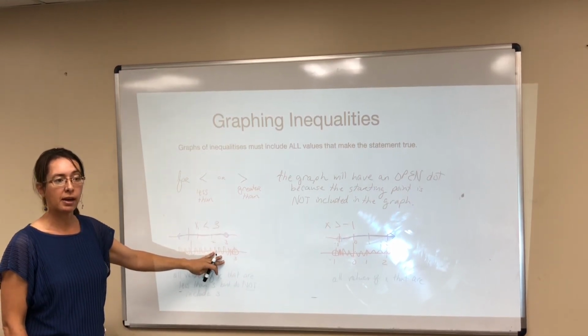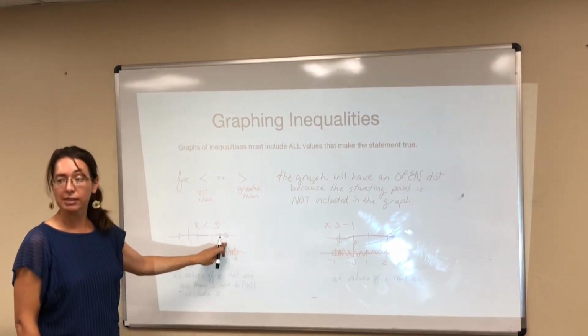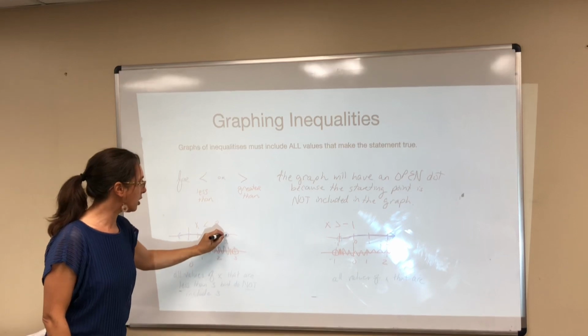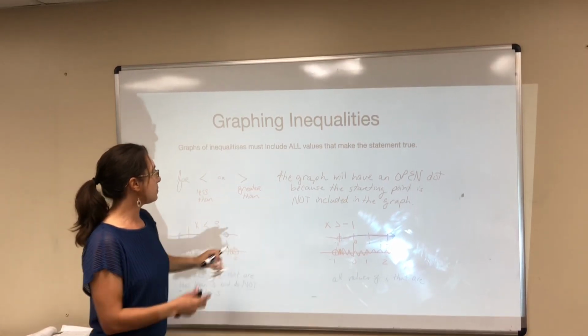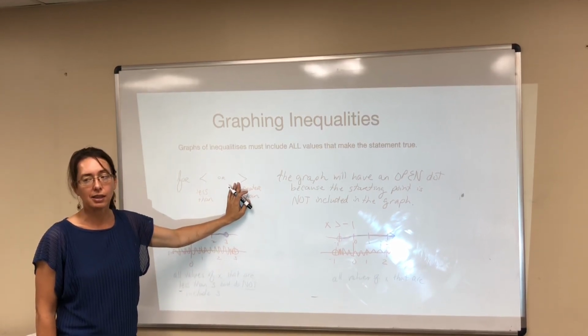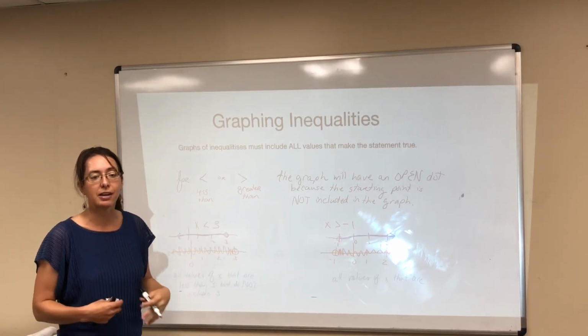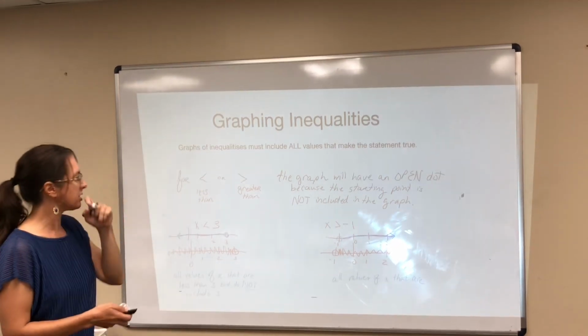If it has an equal sign, that means it actually includes that point, and so we close in the circle on it. Okay? And the reason is because if it's not equal to, it can be as close as it can be, but it can't be exactly that. So we have to identify it as as close as it can be, but it's not that. Okay?